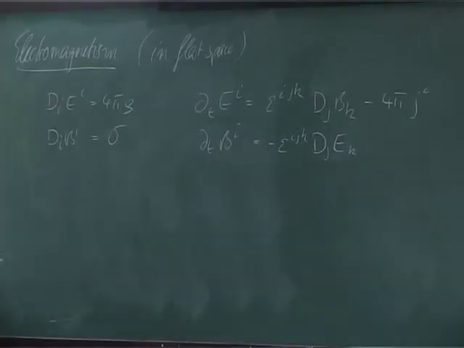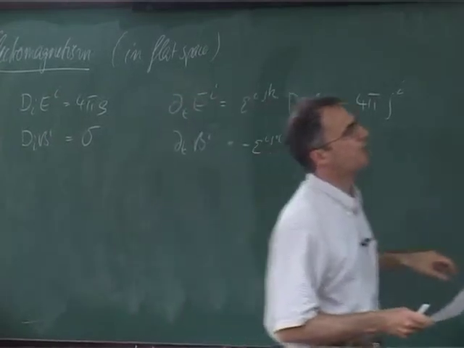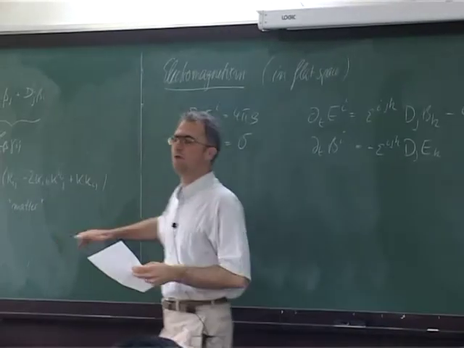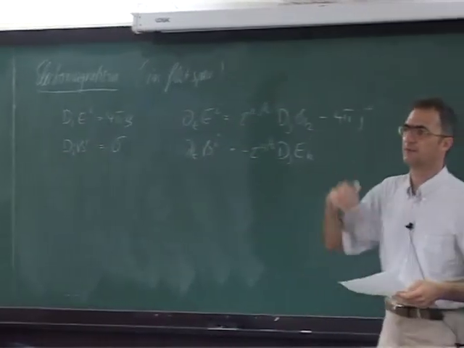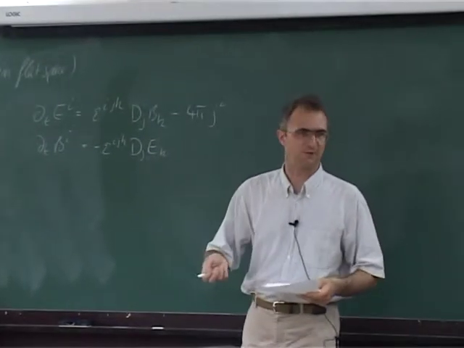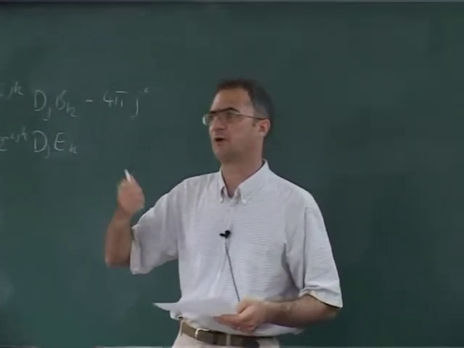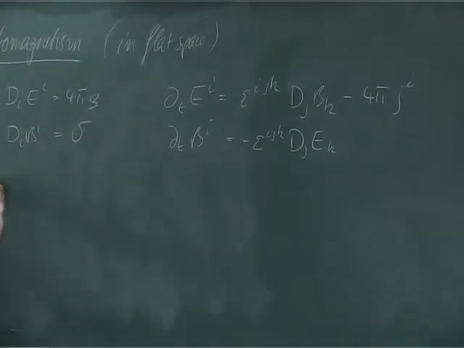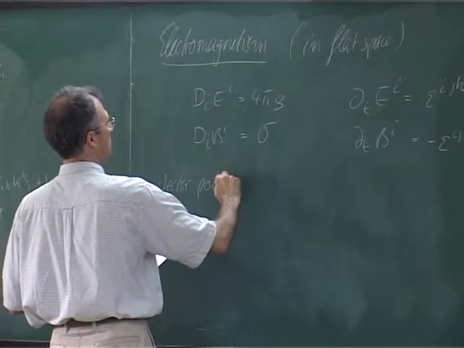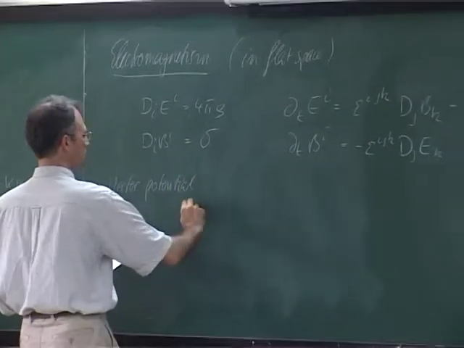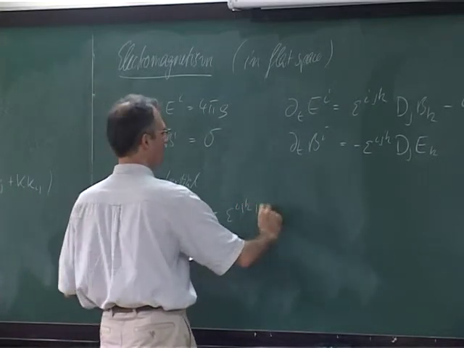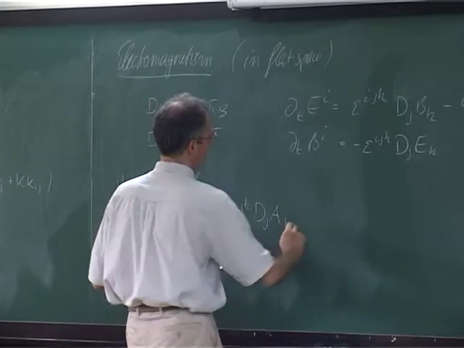Now, for the comparison, both with the scalar wave and the ADM equations, it's useful to express this equation in terms of the vector potential. I'm sure you've done that before too. So we'll write B as the curl of a vector potential A: B_i equals epsilon_ijk d_j A_k.